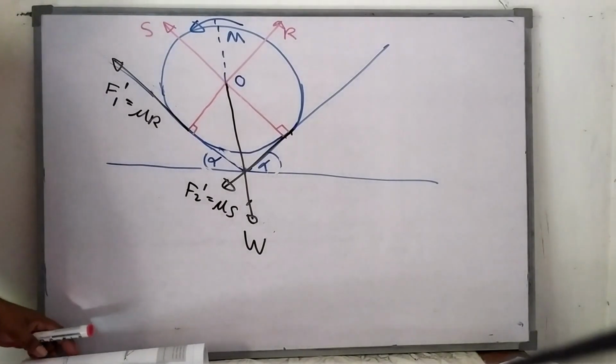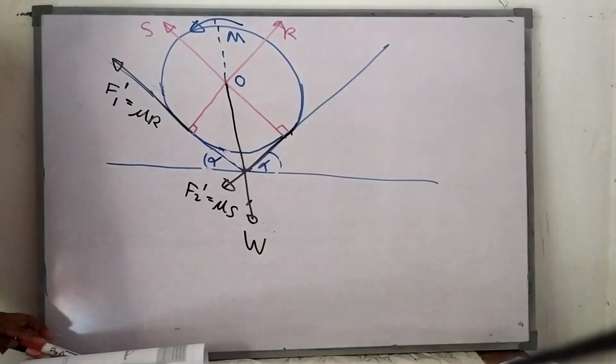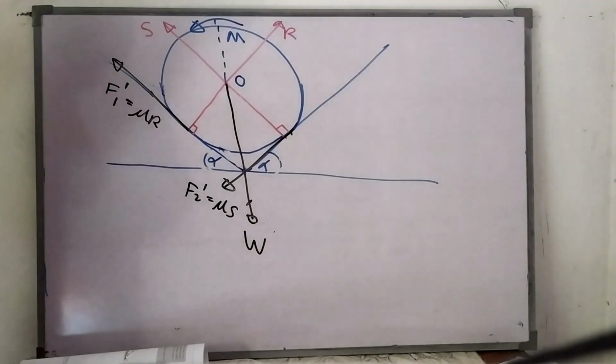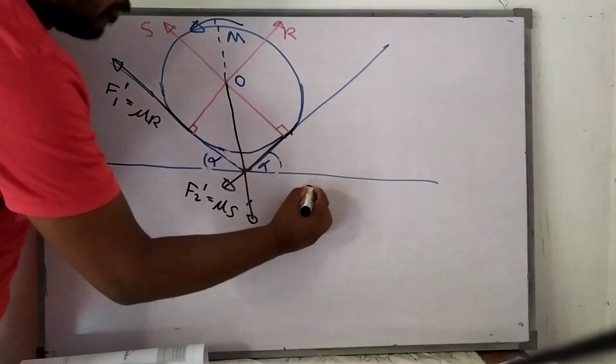What we need to calculate is the answer, M equals something, no? So we don't have S, R, right? So it should be all mu R, right? All should be cancelled off. So I think it's better to take two components and one moment.